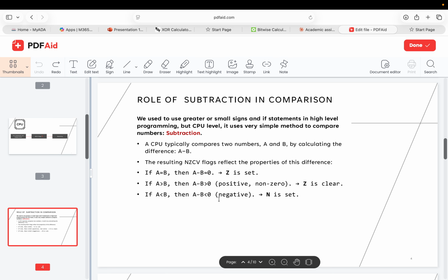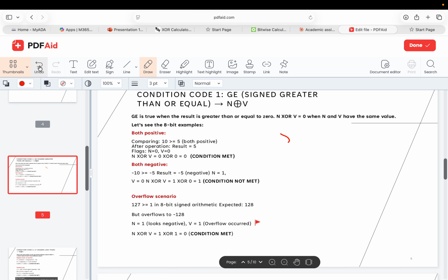So first we compare 10 and 5, both positive numbers. There is no overflow. The CPU makes the subtraction 10 minus 5, the result is 5, and there is no overflow. N and V are both set to 0. Their XOR is 0, condition met, and we know that the comparison is correct.